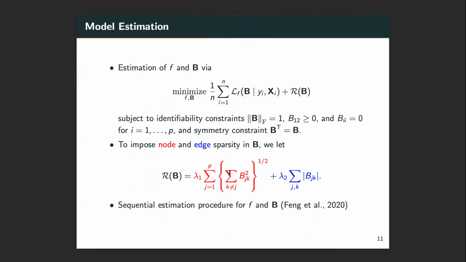This is just the L2 norm of a column or of a row, because it's symmetric. And so this is a group lasso penalty. So as lambda 1 is increasing, each of the nodes, or each of the columns or rows of the matrix, is being shrunk as a group towards 0. And because the column or row of the coefficient matrix represents a node, we call it node sparsity.